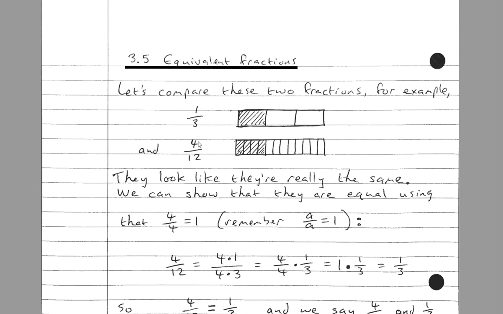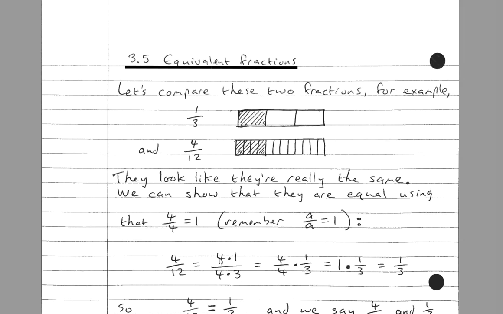Okay, so how do we show that 4/12 is equal to 1/3? Well, we could start with the 4/12 and factor the top and the bottom a bit. So we have 4 is equal to 4 times 1. 12 is equal to 4 times 3.